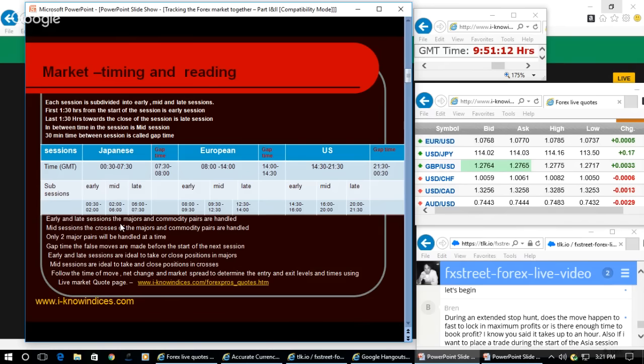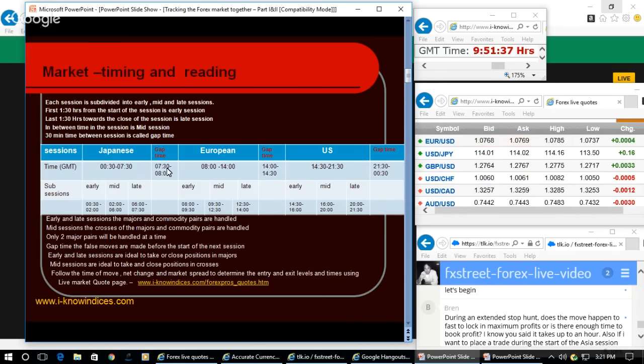Then afterwards, they start breaching the high and go above, or breaching the low and go below, or swing in between the high and the low. When the next session starts, before that, in the late Japanese session, they either make an upward stop or a downward stop, and the opposite move during the gap time for 30 minutes.